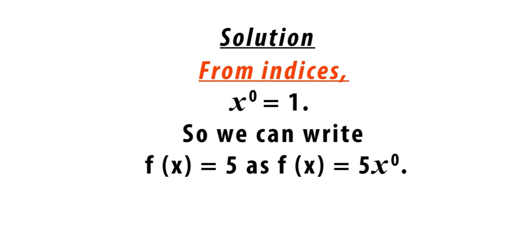Any number exponent 0 is 1. So we can write f of x is equal to 5 as f of x is equal to 5 times x exponent 0. Therefore, using the power rule as discussed earlier, we can differentiate the constant 5.